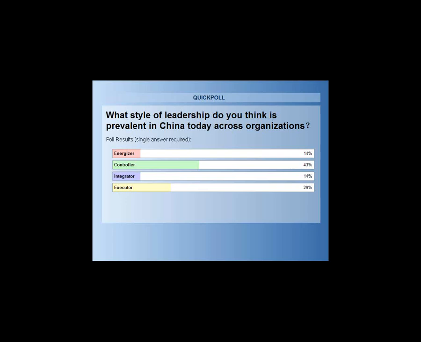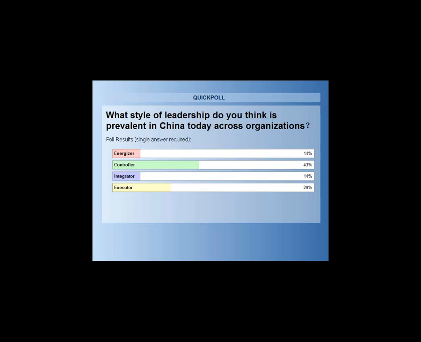Let's see what you have to tell us and share with us on what is the right leadership style to be applied in China then. Great, yeah. So if we look here at the actual leadership style required for China, you'll see that currently, I think you're all correct, the current style is executor as primary and controller secondary.